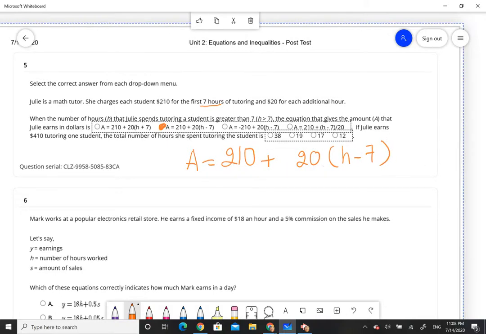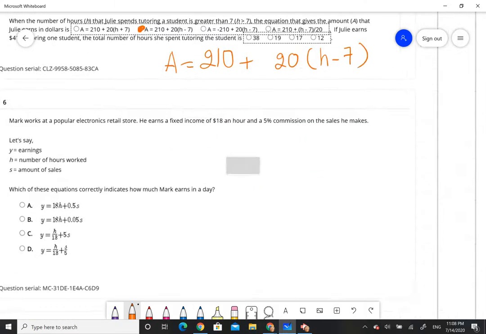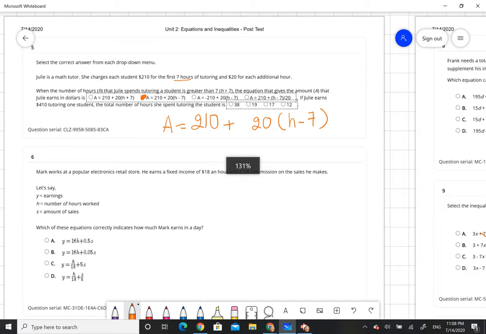Okay? And if Julie earns 400 in tutoring one student, the total number of hours she spent tutoring the student is, so they say H is 410, right? 410. So you need to solve this.